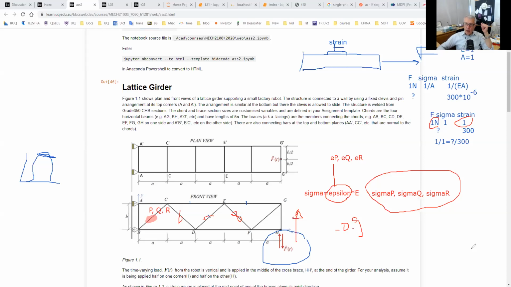So what does that tell you about the direction of the force? You know your major strain is positive, but if for an upward force you get a negative strain, that means the force direction has to be in the other direction. Yep.